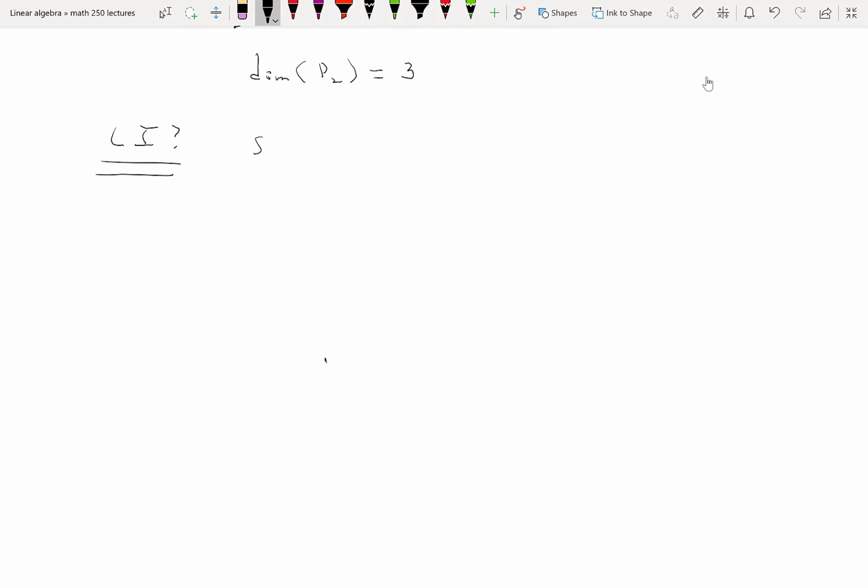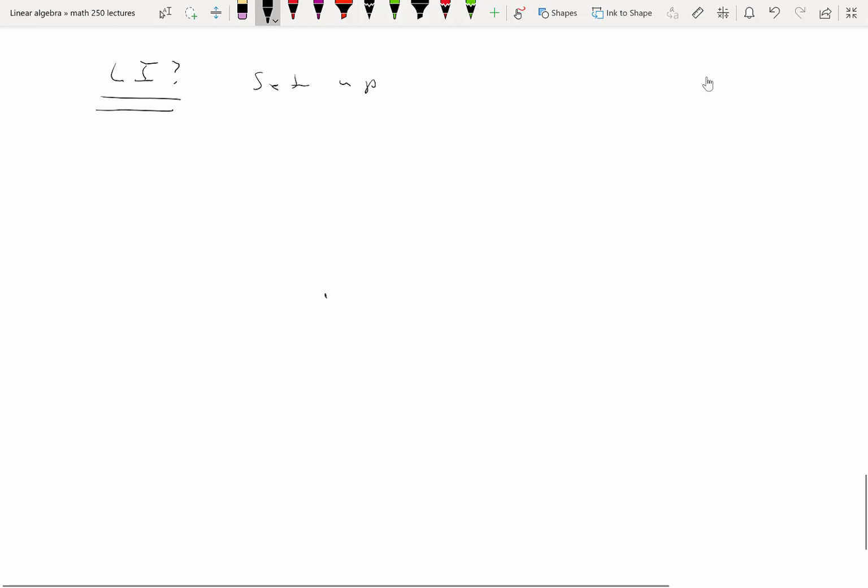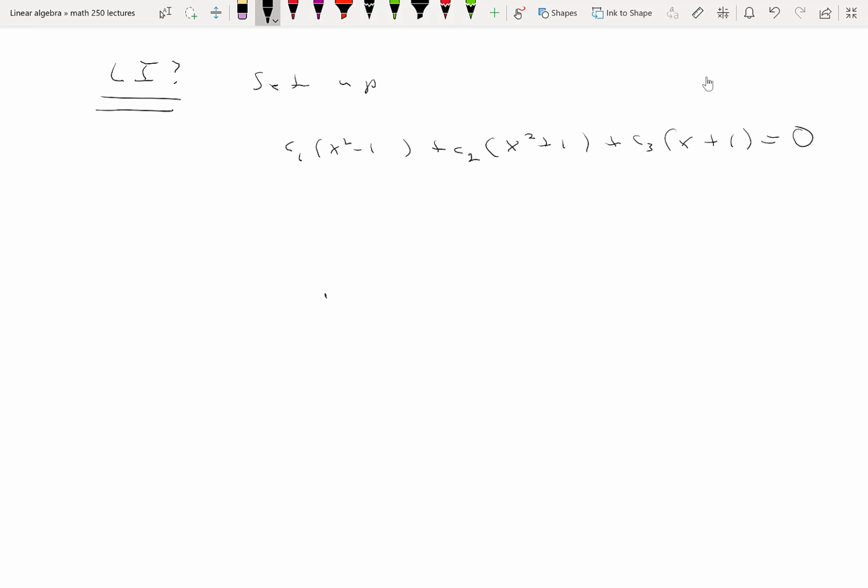We set up the equation that needs to be examined for linear independence. We have C1 times the first vector plus C2 times the second vector plus C3 times the third vector, and we set that equal to the zero vector in P2. This results in a system.